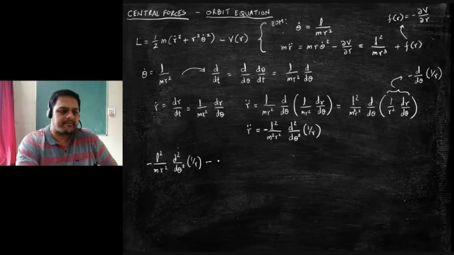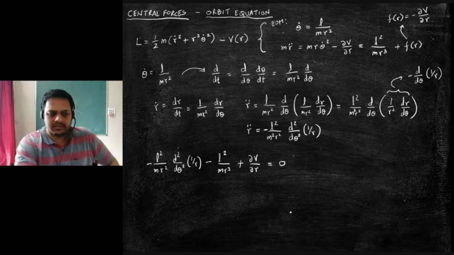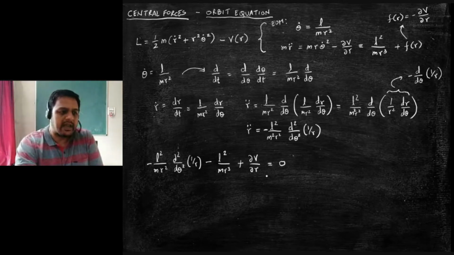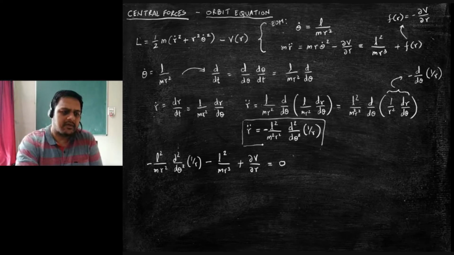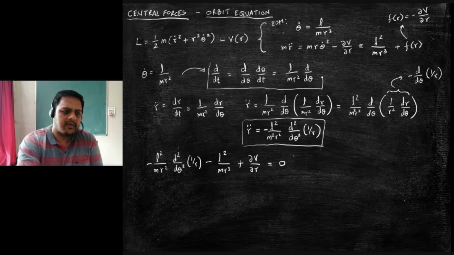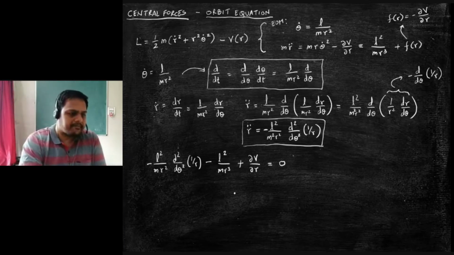Minus L square by m r cube plus dabba v by dabba r is equal to 0. This will be my r equation of motion after substituting this particular expression for r double dot. The expression for r double dot comes about because I have this particular operator equation. d by dt can be written as L by m r square d by d theta. Okay.